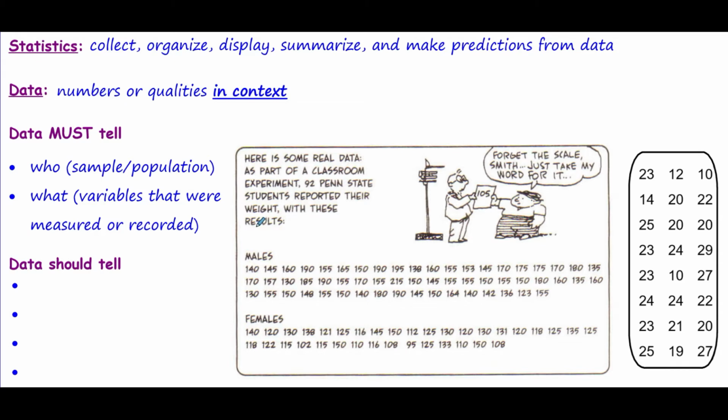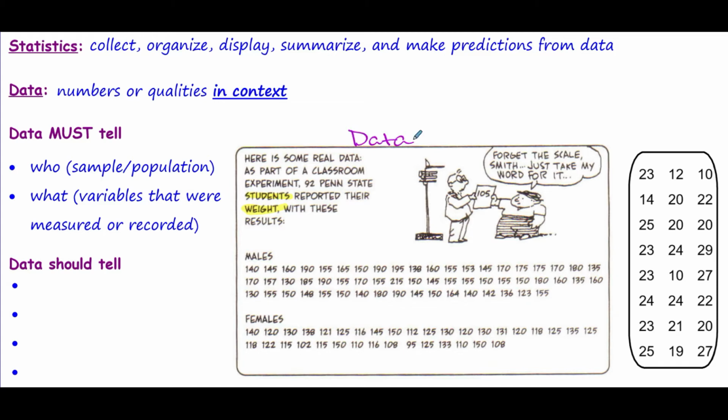If you look at the two examples here, in the first one, we have some data. We have students from Penn State, so that is my who, who reported their weight, and that is my what. So my variable is weight, and it was measured from the students who are in this class at Penn State.